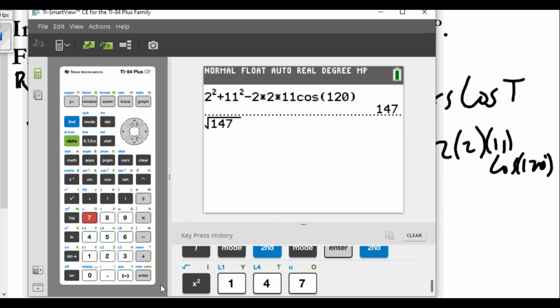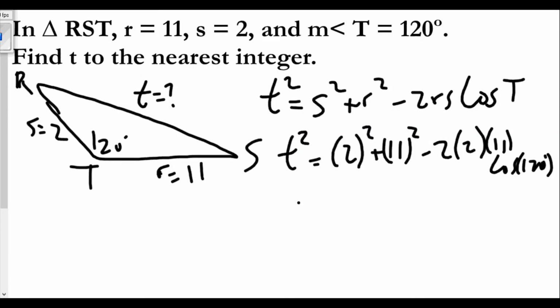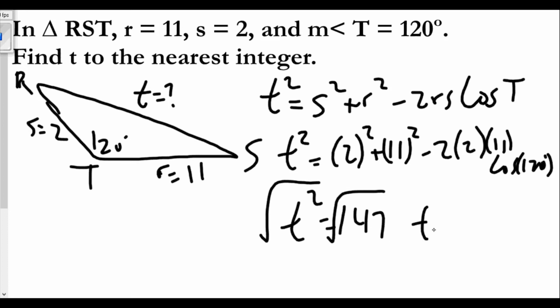And here, to the nearest integer, I'm going to get, in this case, 12.12435563, which means in this case, t squared was equal to 147, so take the square root of both sides. So technically t, not t squared, sorry, t here is equal to the square root of 147.